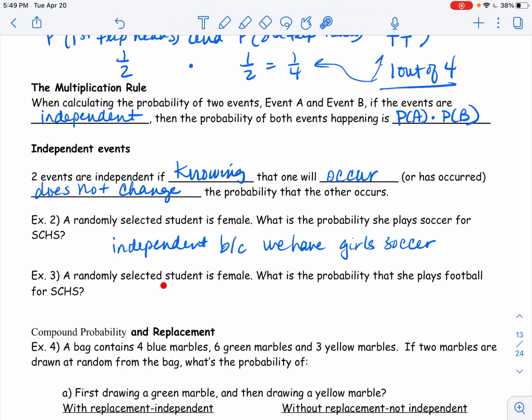Now, in this second example, it says a randomly selected student is female. What is the probability she plays football for Samuel Clemens? Well, these are not independent because we don't have any girls on the football team.